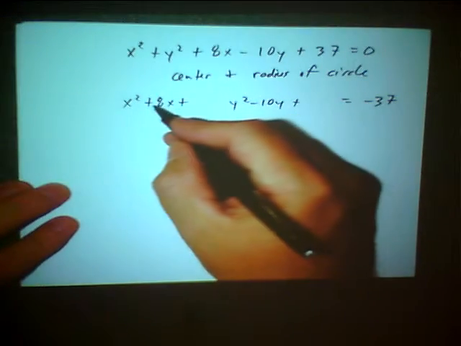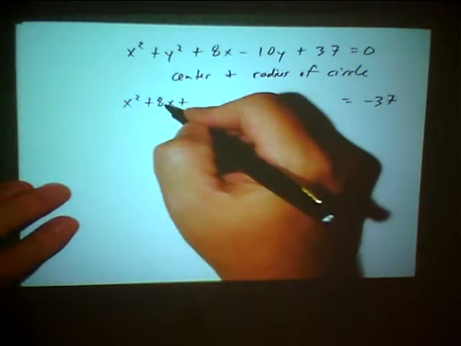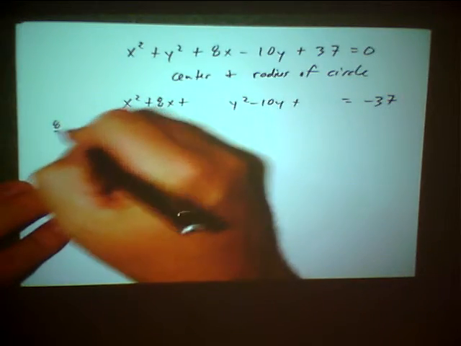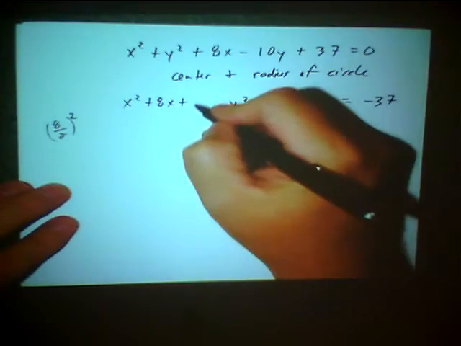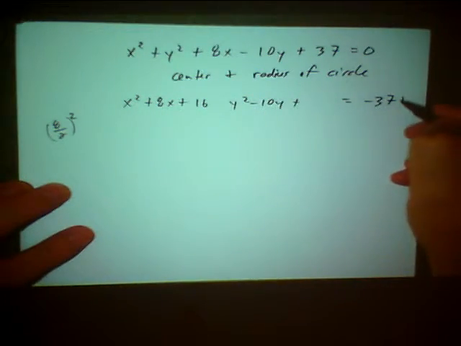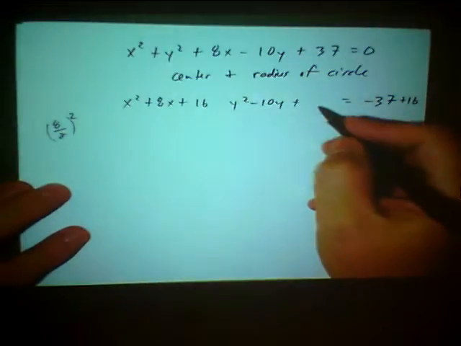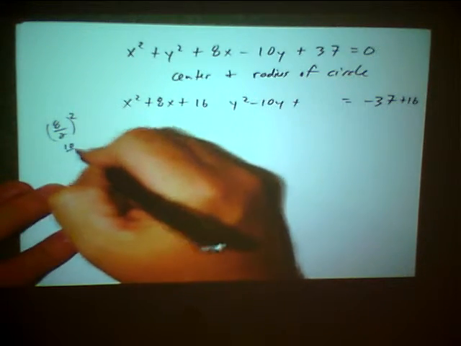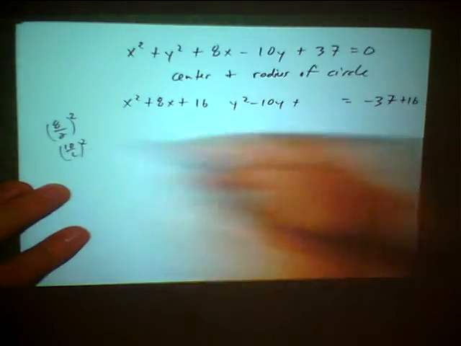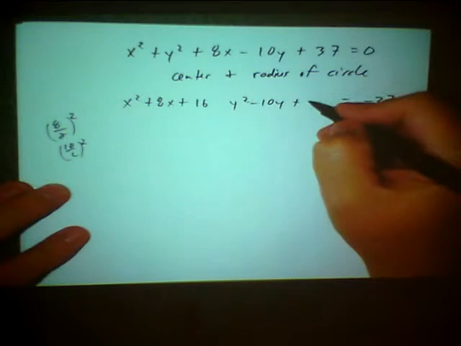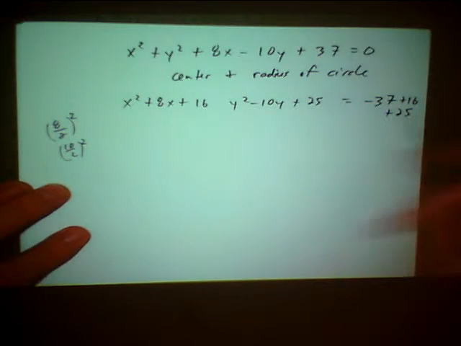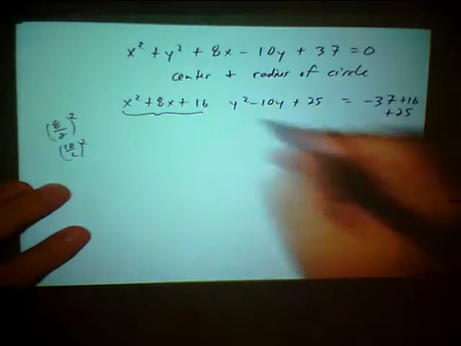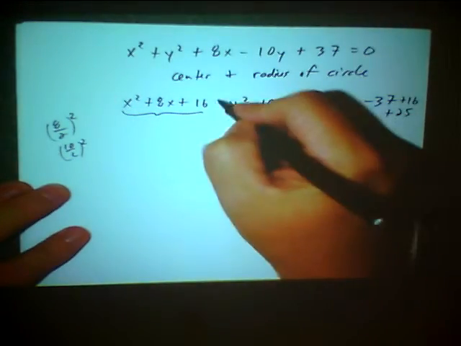If I do my special calculation for the x, it's 8 divided by 2, squared. That's 4 squared, so 16 here, plus 16 here. And now for the y, it's 10 divided by 2, squared. That's 5 squared, which is 25 here, and I add 25 here. Now I factor these two trinomials.